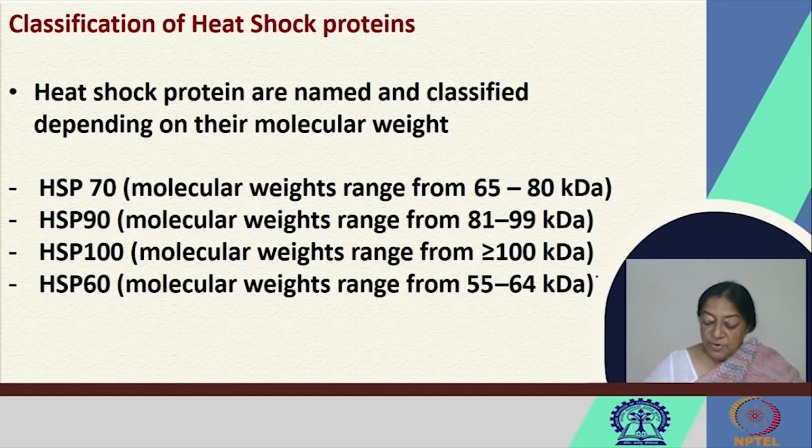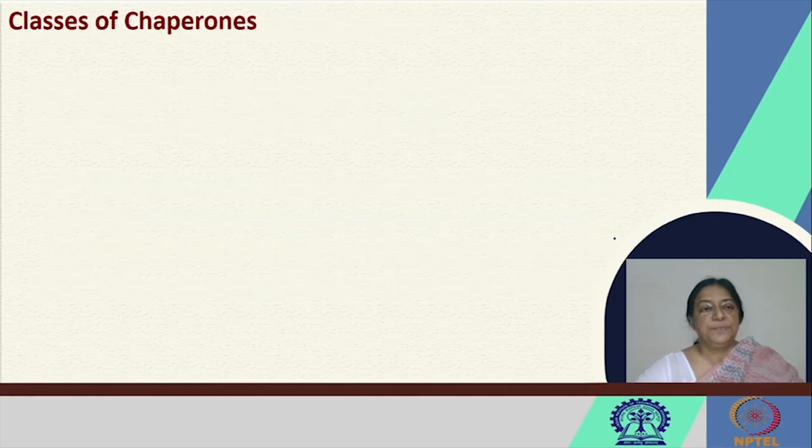We have a range that is from 60, 70, 90, 100. So HSP70 indicates heat shock proteins within the molecular weight range of 65 to 80, and similarly HSP90, HSP100, and HSP60, giving us the classification of these heat shock proteins.